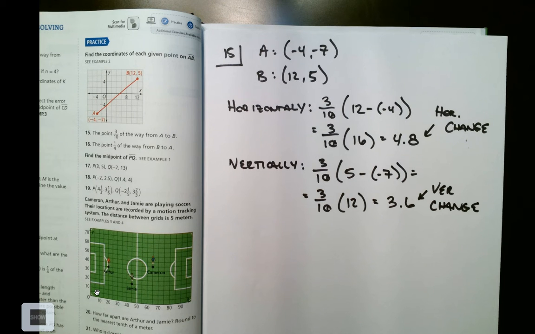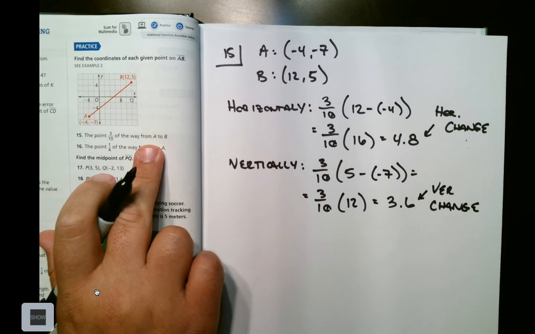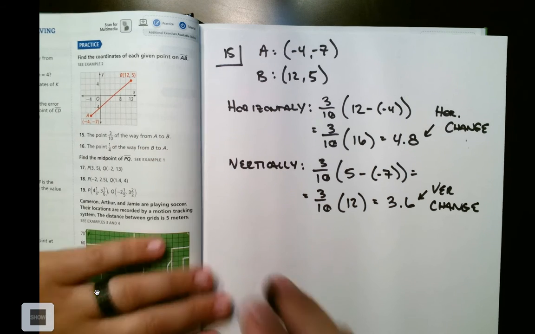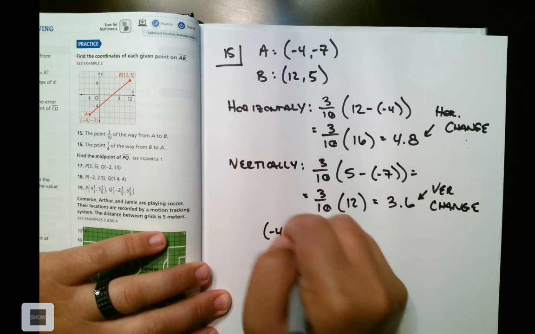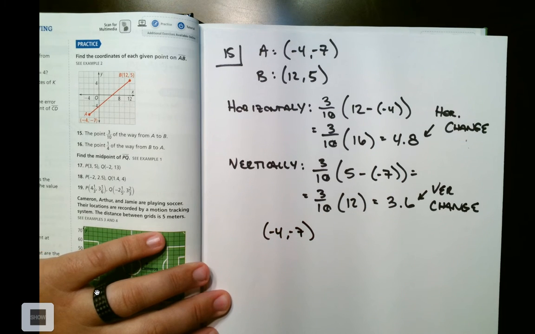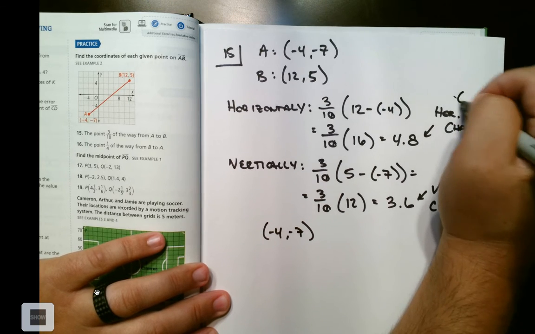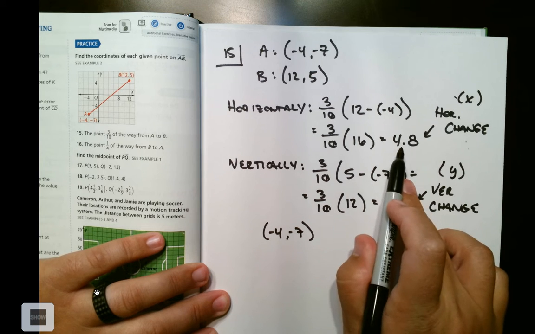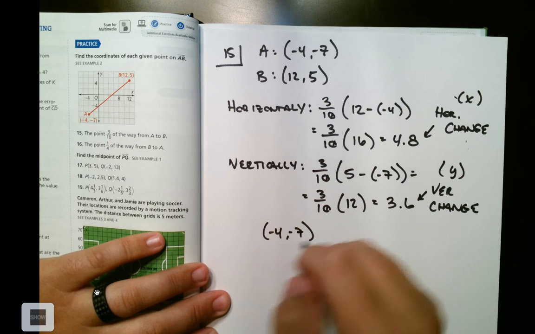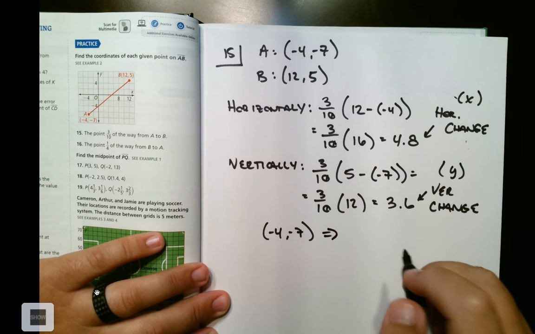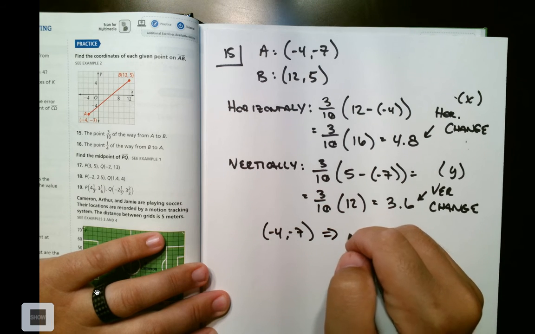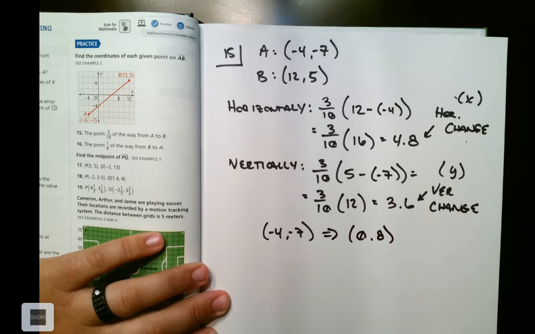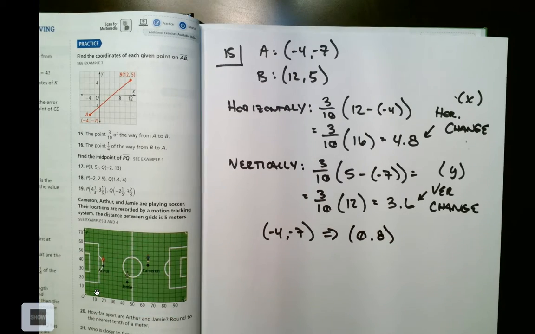Now I just have to add these to the point that I'm going from. Again, I'm going from A to B. So I'm going from -4, -7. So I need to add those changes to that. So the horizontal change, that's another way to say X. Vertical change, that's another way to say Y. So I'm going to add 4.8 to -4. So that's going to be 0.8.